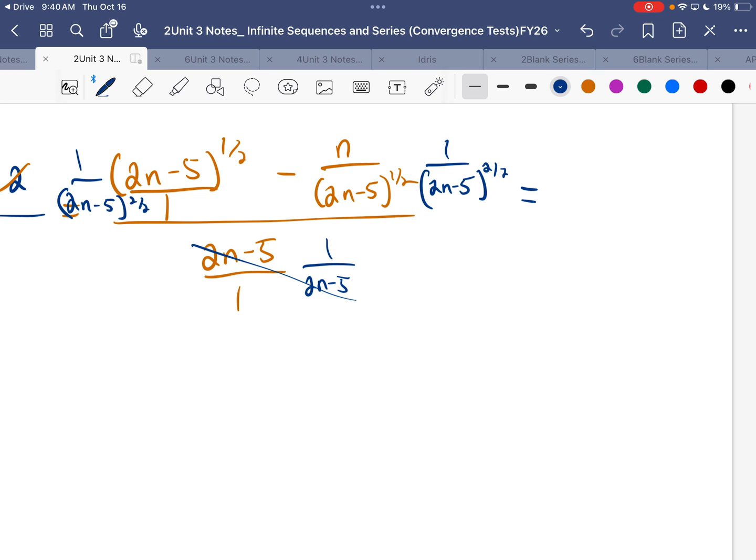Am I going to be left with 2n minus 5 to the 1/2 in the numerator or denominator? Denominator. So we have 1 over the square root of, or 2n minus 5 to the 1/2, minus, now the 2n minus 5s are going to add, the exponents are going to add because the bases are the same, so we're adding the exponents.